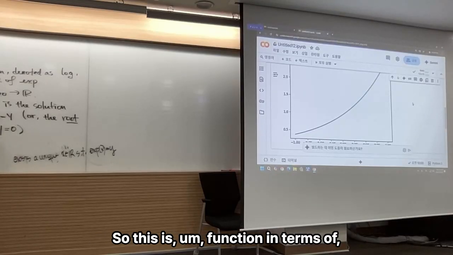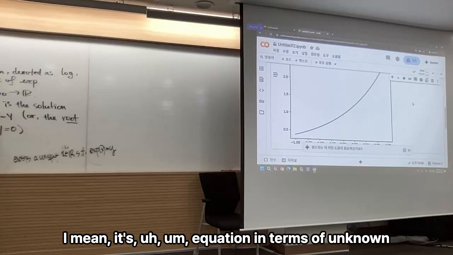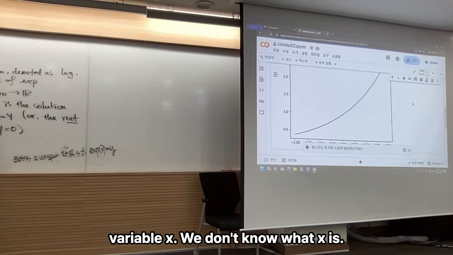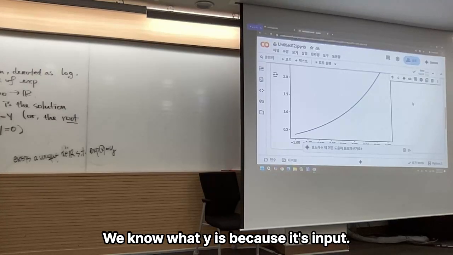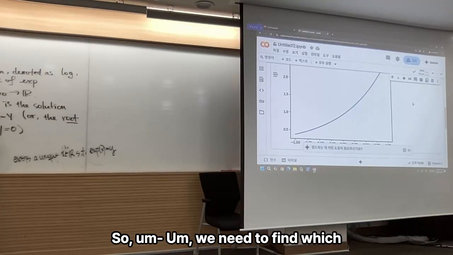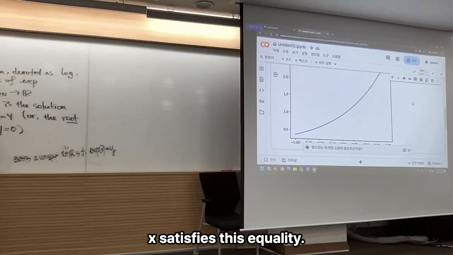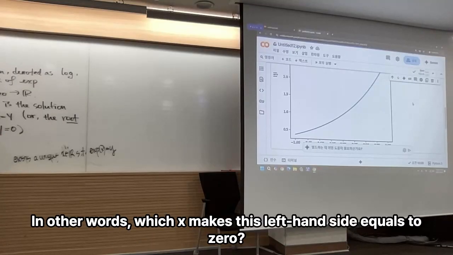So this is an equation in terms of the unknown variable x. We don't know what x is. That's the value that we want to get. We know what y is because it's input. So we need to find which x satisfies this equality. In other words, which x makes this left-hand side equal to 0.